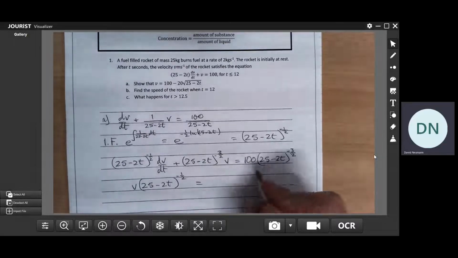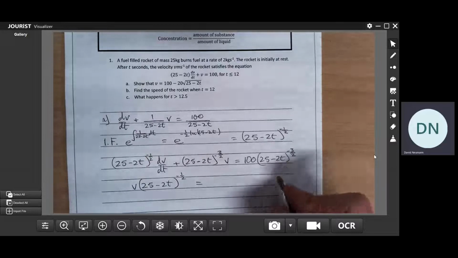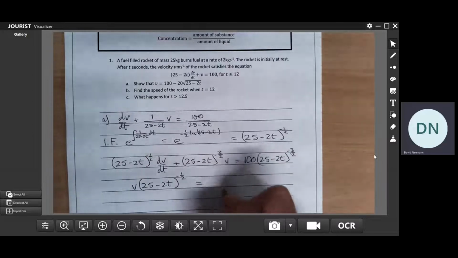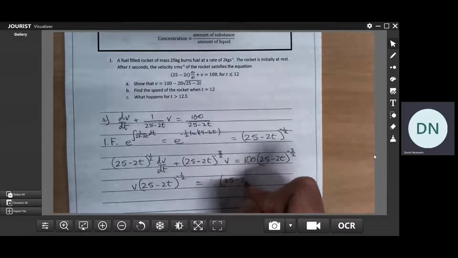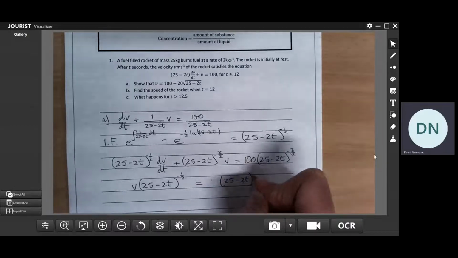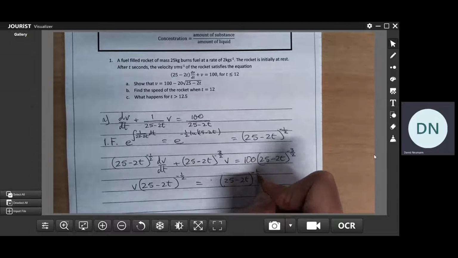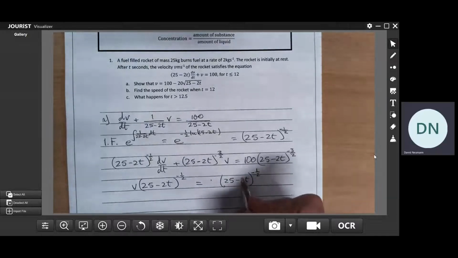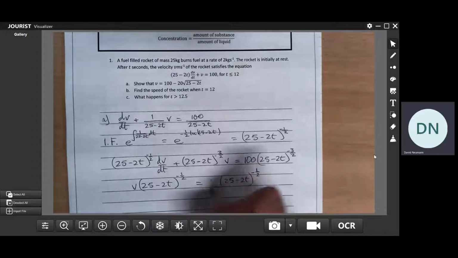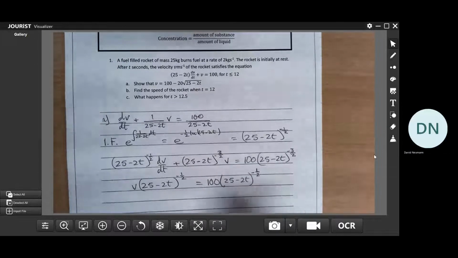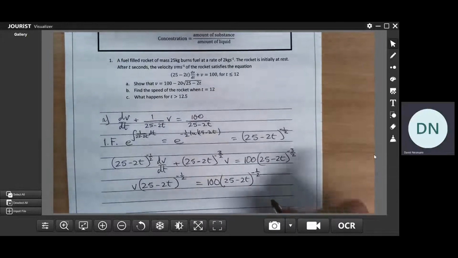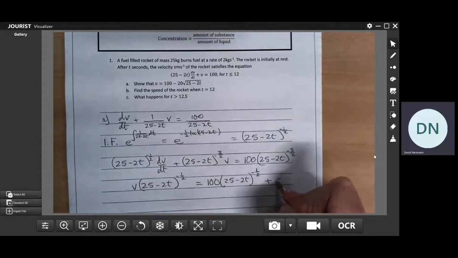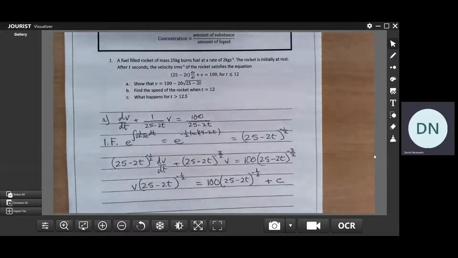It is equal to, if we integrate on the right-hand side here, we're going to get 25 minus 2t to the power of -1/2. And again, if we were to differentiate that, we get -1/2 times -2. So we don't need to multiply this 100 by anything. We just get that 100 there. And then it's absolutely crucial that we remember that plus c.